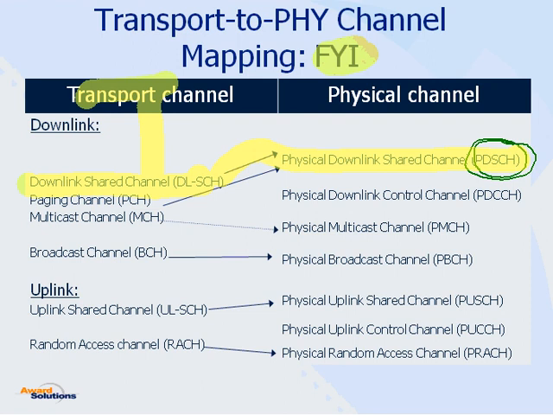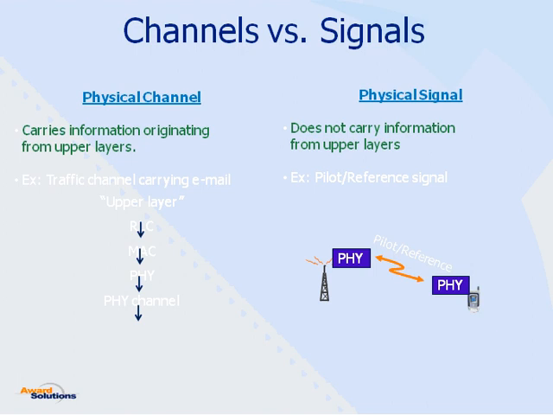The standard has a distinction between a channel and a signal. Physical signal. Signal means there is no upper layer information. So for example, the reference signal. Right?